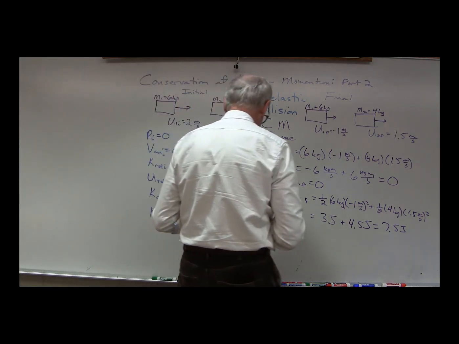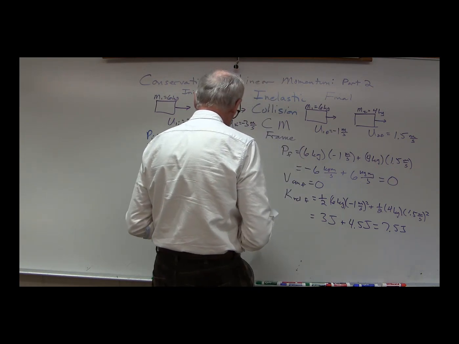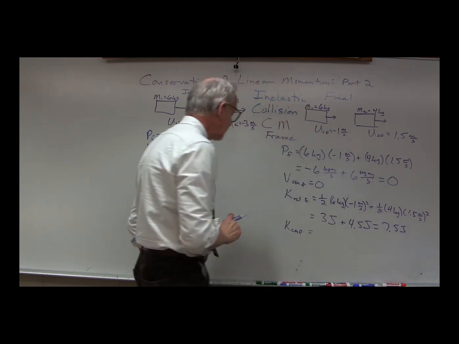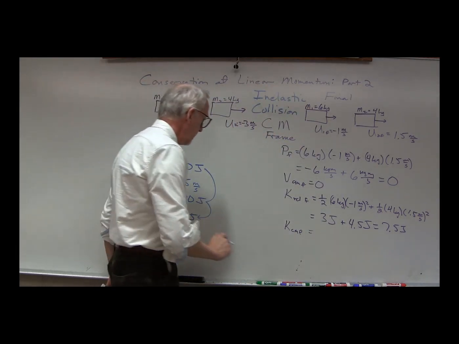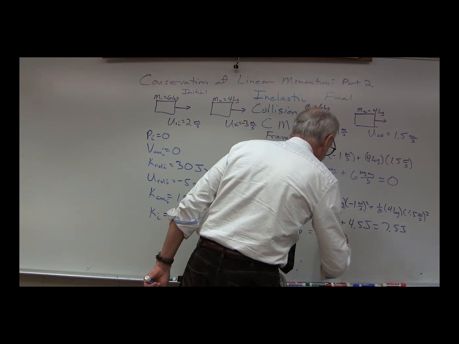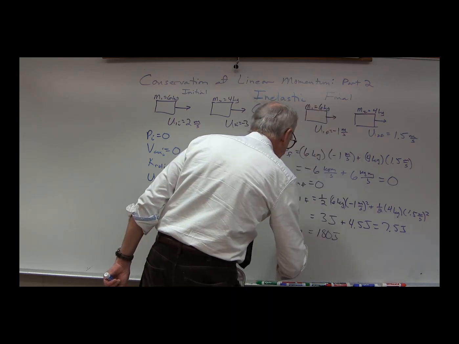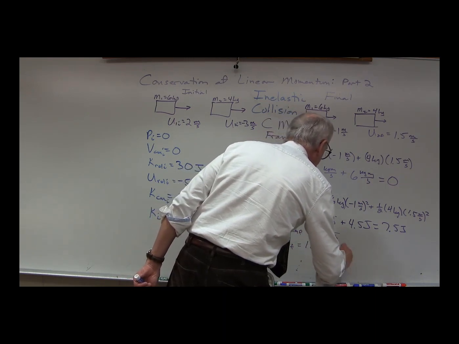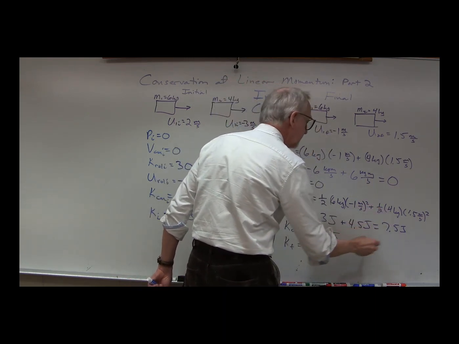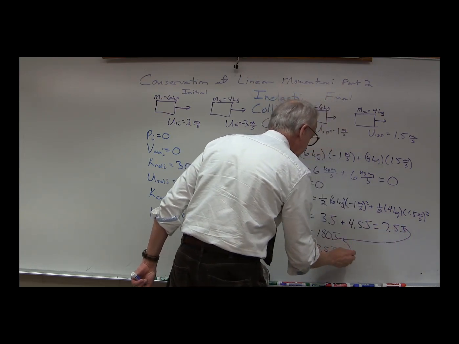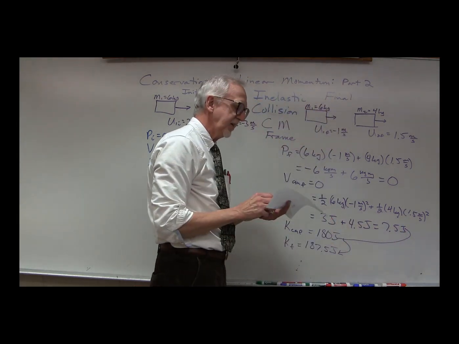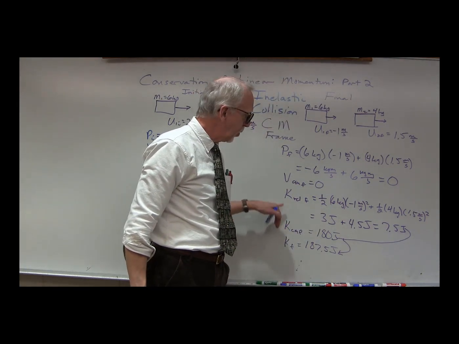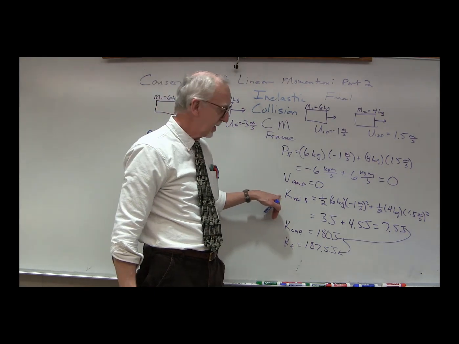Now K CM final, which was the same as K CM initial, was 180 joules. And the final kinetic energy was 187.5 joules, which is 7.5 plus 180. So K CM is still the same. Where did we lose the energy? In the relative kinetic energy.